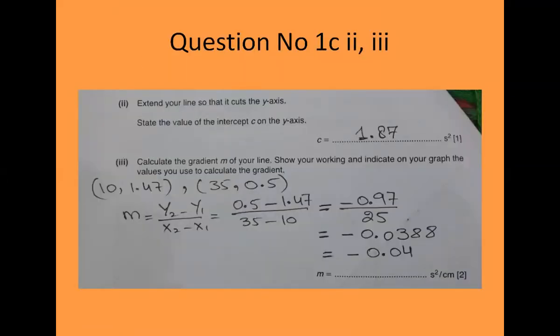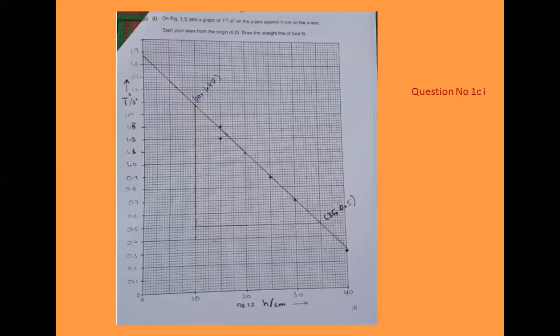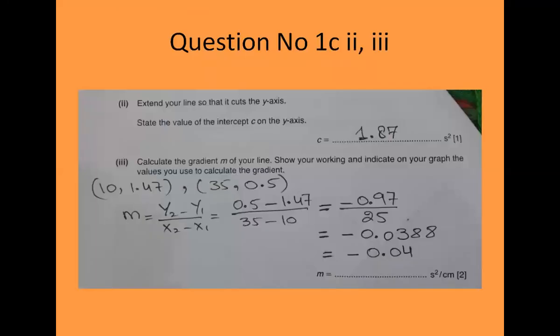It is 1.87. Then it says calculate the gradient M of your line, show your working and indicate on your graph the values you use. Here you can see I have taken this point, 10, 1.47, and another point on the line of best fit, 35, 0.5. Remember from mathematics, the gradient is y2 minus y1 divided by x2 minus x1.